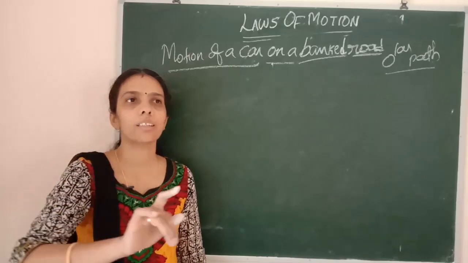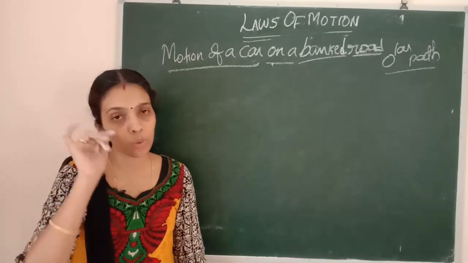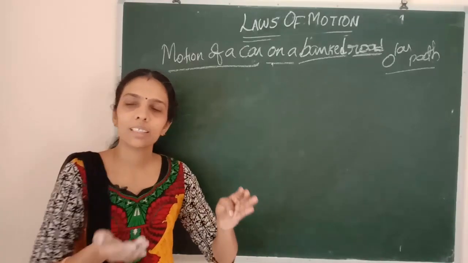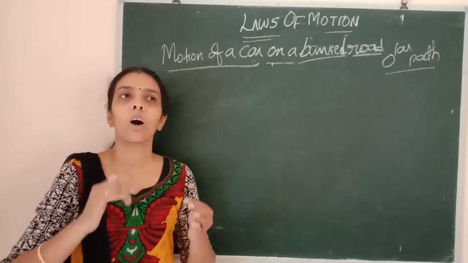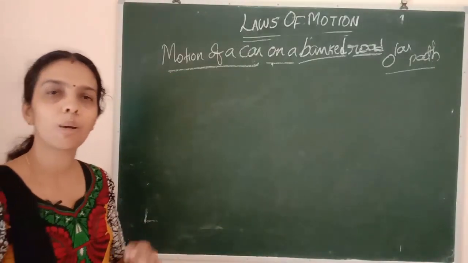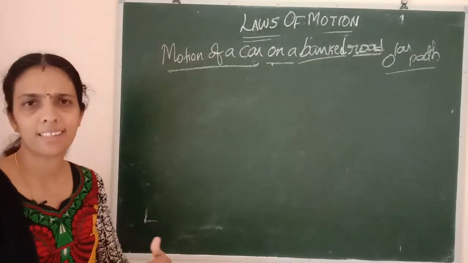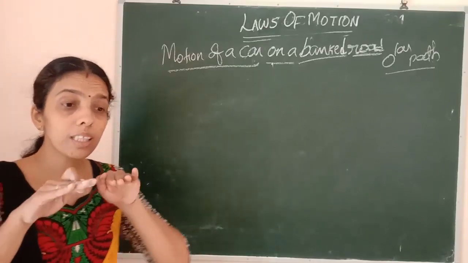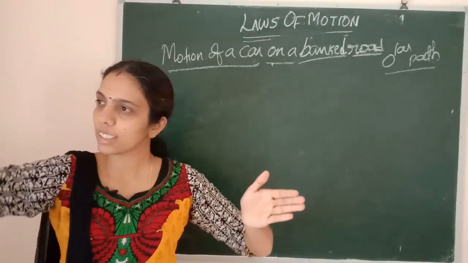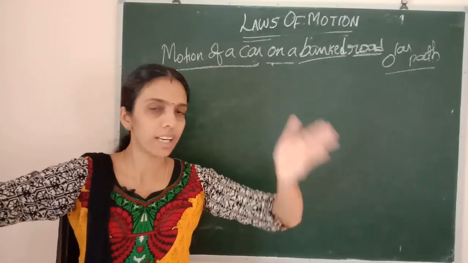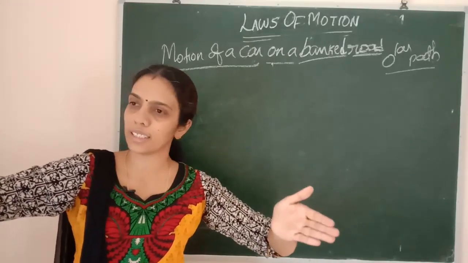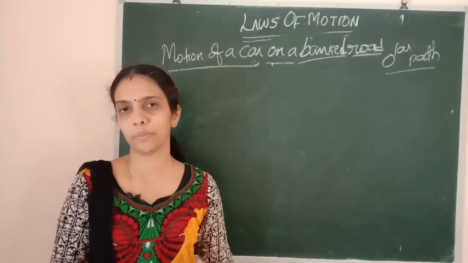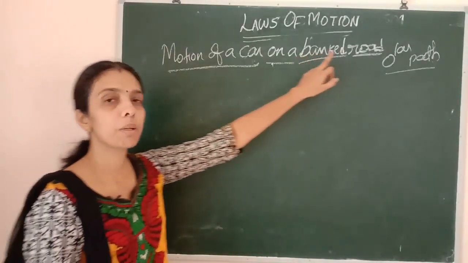In front of your school gate or your gate also, while we are taking a turn like this, or entering a mall or any entrance, at the point of entrance while we are taking the circular turn, you should not see a straight road. You should see the right end of the road to the left end, or the left end to the right end, a slope will be there. That is called a banked road. Okay, so you understood what is meant by a banked road.